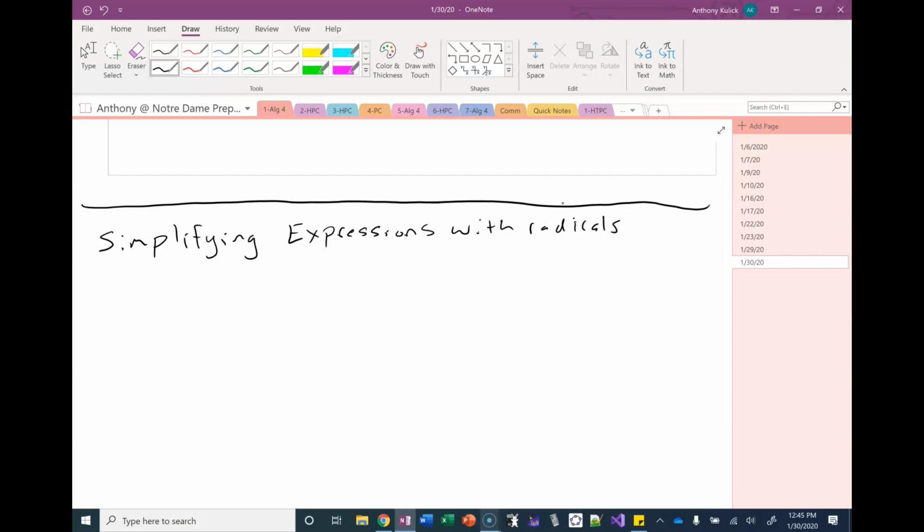So we have two important properties that we're going to be using primarily to deal with these sorts of problems. The first one is called the product property.